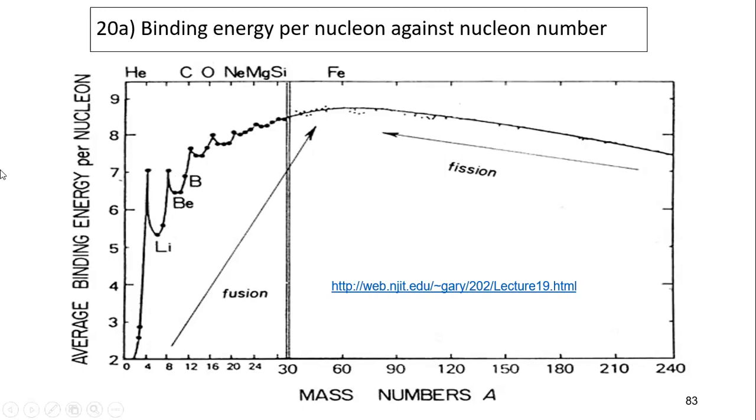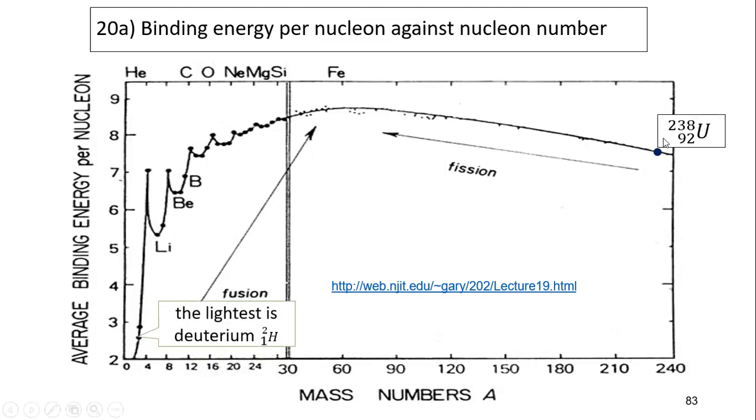This is helium. And then boron is here. This one is carbon. That one is oxygen. Don't need to go into that detail. Uranium 238 is at the back as the last element there. So when the deuterium is here, H 2 1.